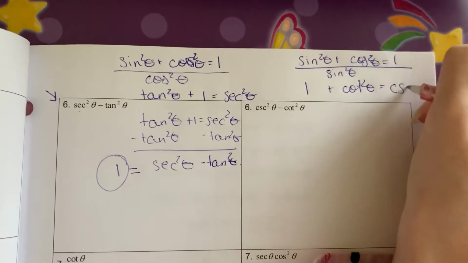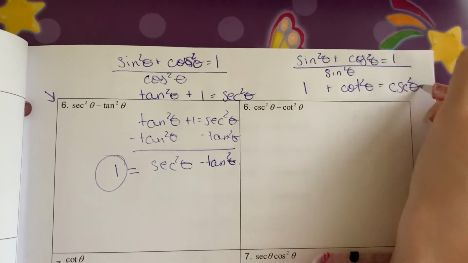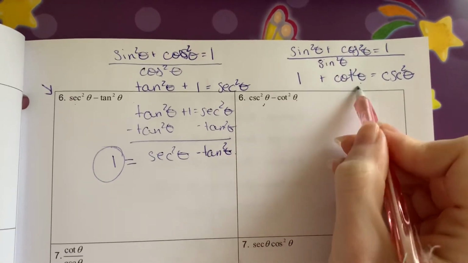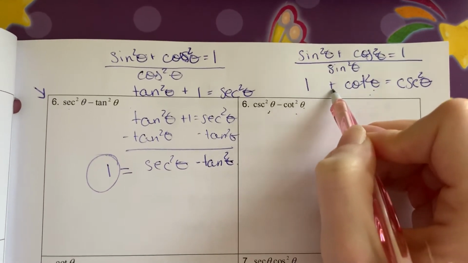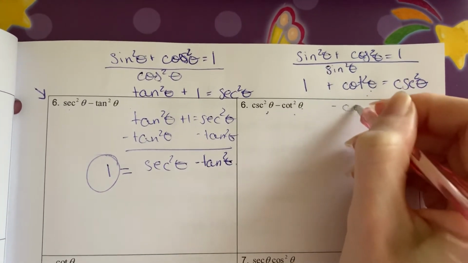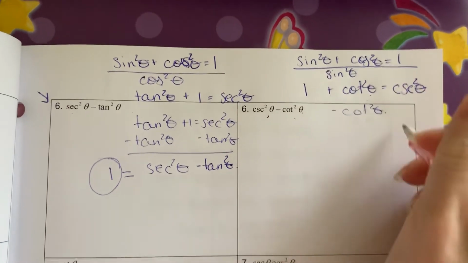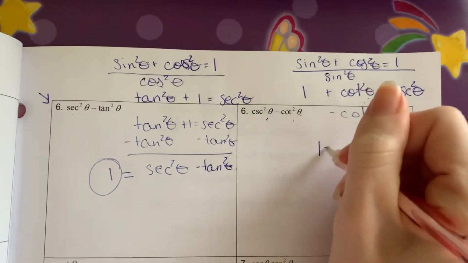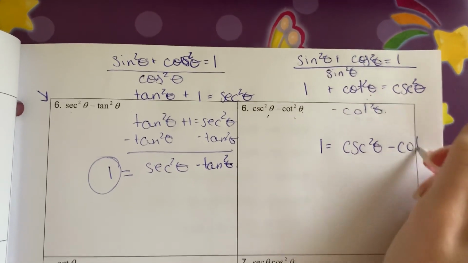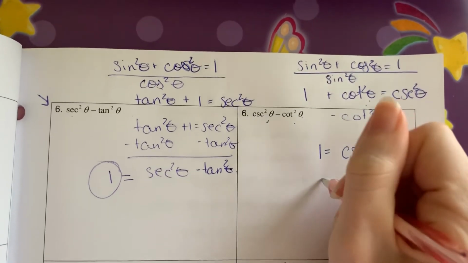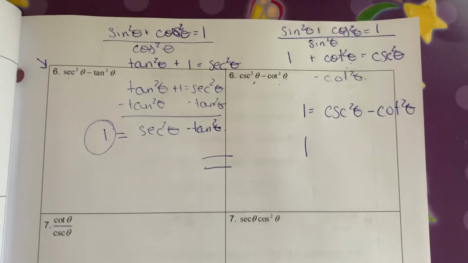Cosecant squared. Look at this, it's like I planned this. Oh wait, I did. So first thing here, subtract your cotan squared theta, and you will find out that cosecant squared theta minus cotan squared theta equals 1.